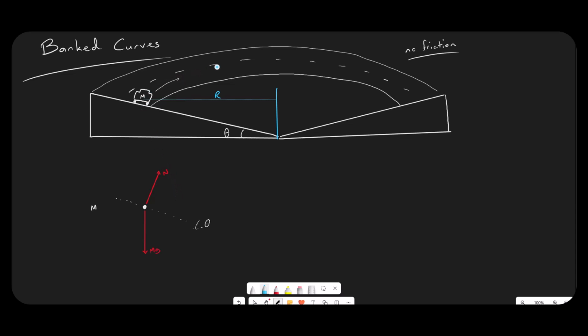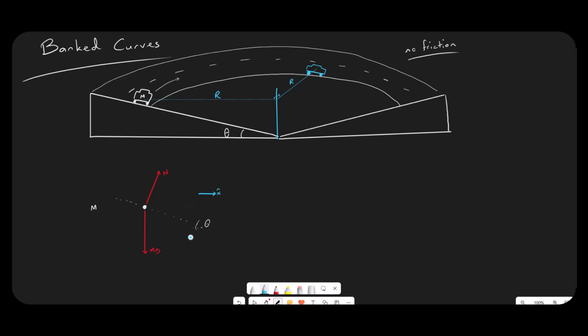As we make our way around the turn, we are going to stay at that same radius, at that same height above the bottom, which means our actual motion is going to give us an acceleration that points this way.